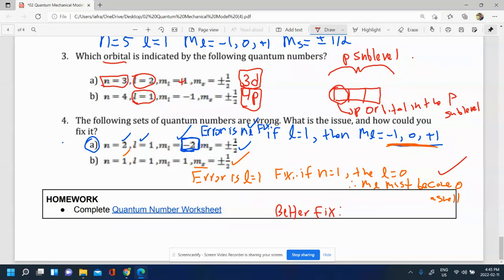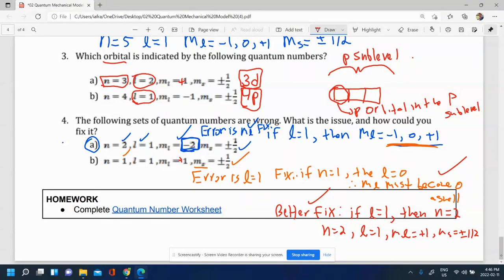So a better fix would be if L is equal to 1, then n is equal to 2, let's just say. So now it makes sense because n is equal to 2, L can actually be 1. ML can be, let's make the sign +1, +1. And then your MS can be plus or minus half. So that's a 1 fix level 4 answer there.